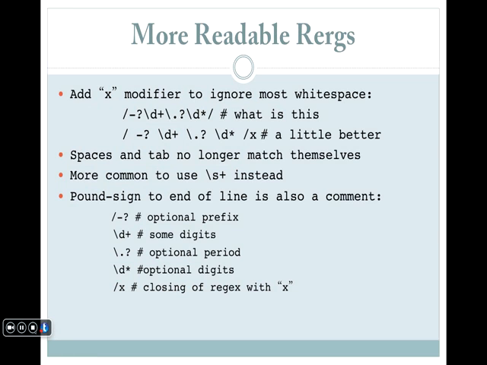Another thing we can do with modifiers that makes regular expressions easier to read. This is only for reading convention. The x at the end of the regular expression modifies the look of the regular expression.